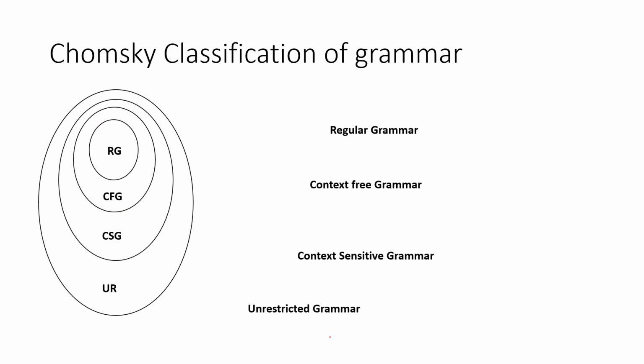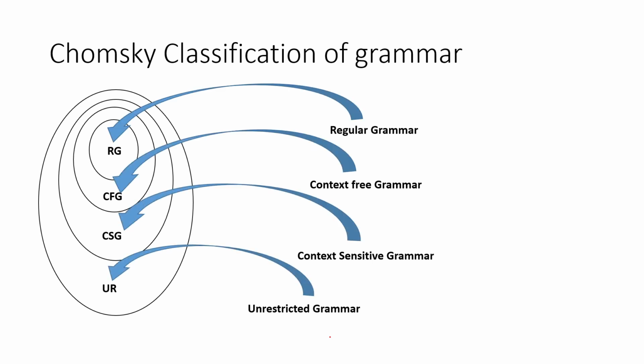A Venn diagram looks something like this, where the innermost circle is the regular grammar. It's very trivial, right? Because we have seen that it is the most restricted. The grammar which are not regular may be context free.